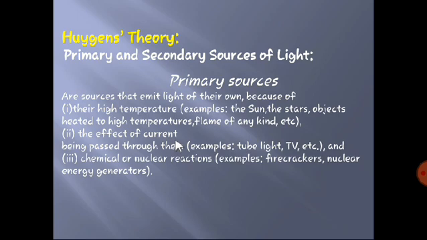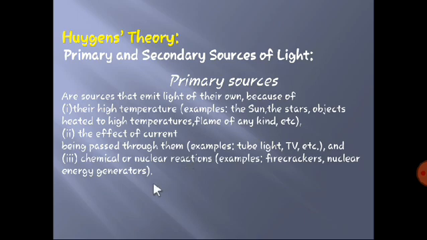Then the effect of current being passed through them. What will be the example of this? When current is passing through a bulb, it will give you light. That is also a primary source, due to current passing through that bulb. TV also, tube light also. Alright, so these are the examples for primary sources.